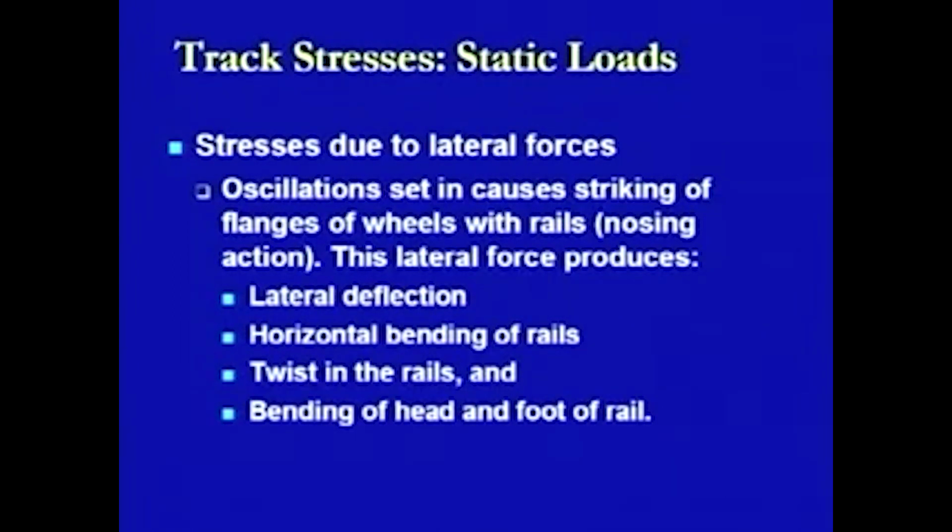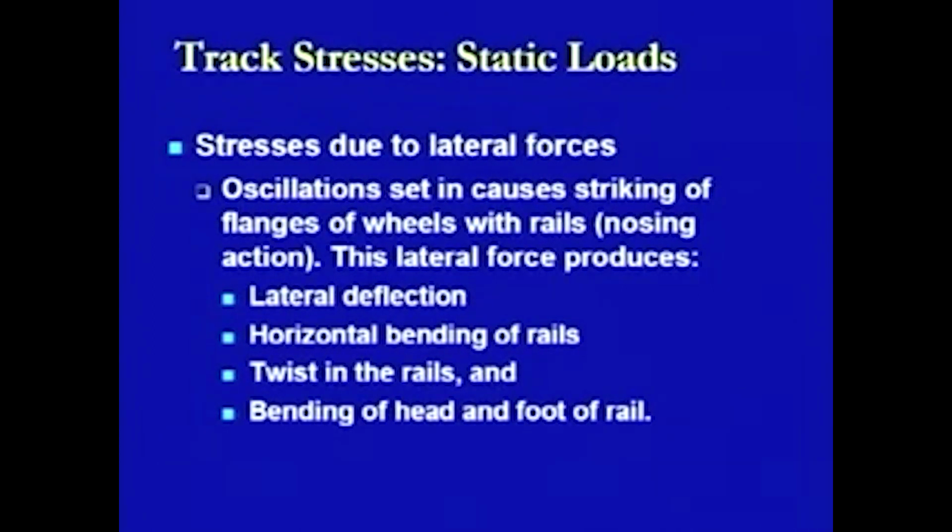There can be a twist in the rail sections depending on the amount of these oscillations. If these oscillations are much more at certain points or levels, then the twisting of the rail sections may also get created. The twisting of the rail sections means a sort of irregular pattern of bending. And another thing is the bending of the head or foot of the rail.